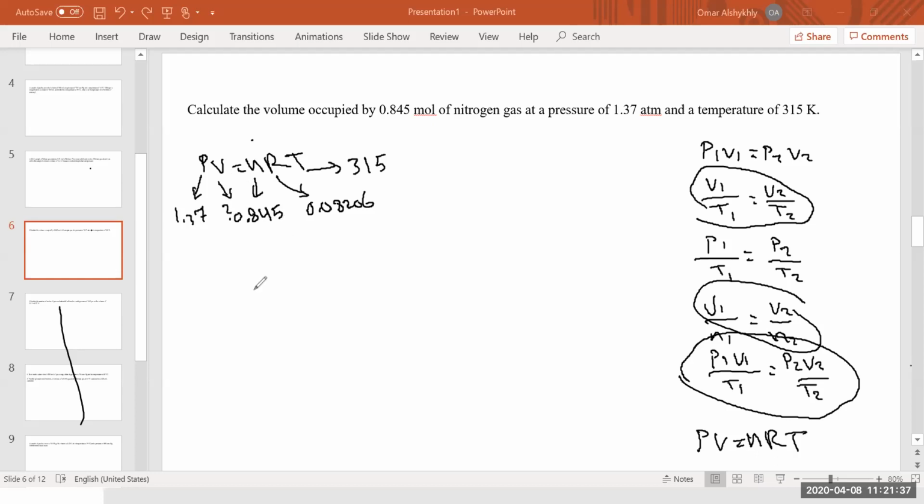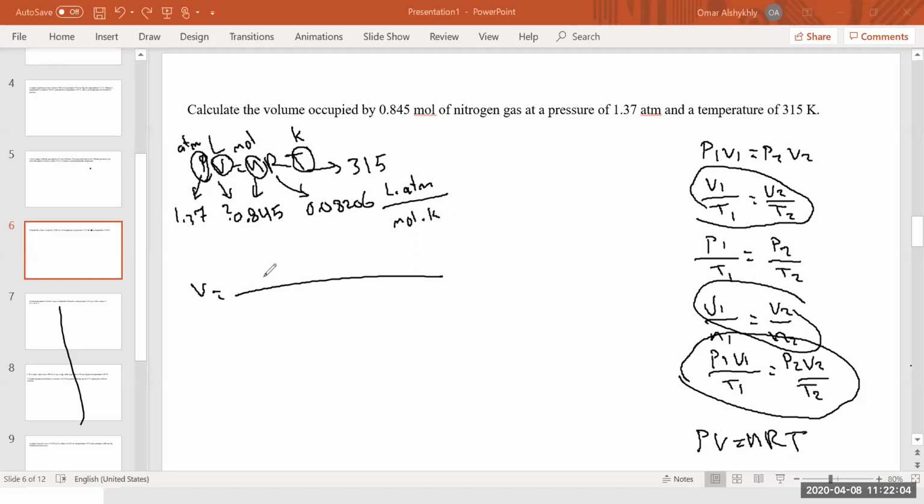Volume is unknown. So here the volume will equal what? Now be careful guys. In the equation PV equals nRT, the pressure is supposed to be in atmosphere, volume in liter, n in mole, T in Kelvin always. And R will be liter times atmosphere divided by mole times Kelvin.